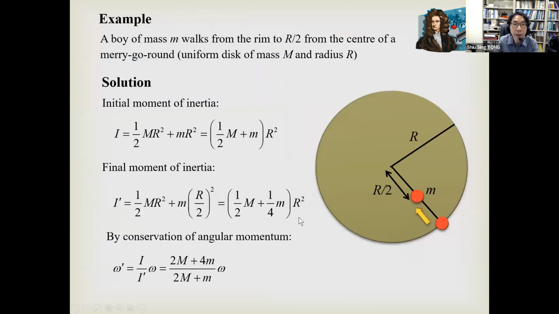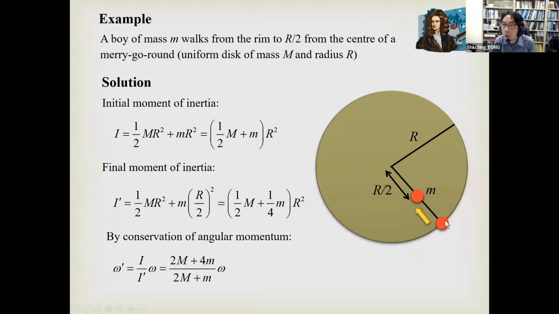Now let's have a simple example of the conservation of angular momentum. Suppose it is a merry-go-round. I consider it as a uniform disk with radius R and total mass capital M. Now I consider a boy initially standing at the rim of the merry-go-round, rotating together with it with an angular velocity omega.